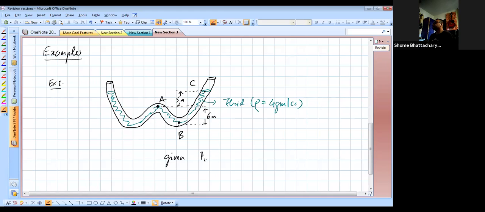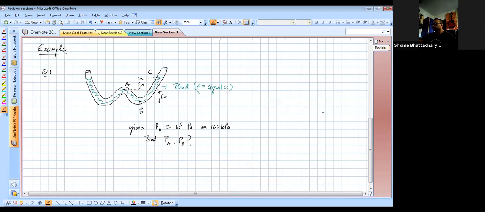Given atmospheric pressure approximately 10 raised power 5 pascals, or 100 kilopascals, find the pressure at E and the pressure at B. Just work this out quickly. Just send me the answer to these 2 parts in text.